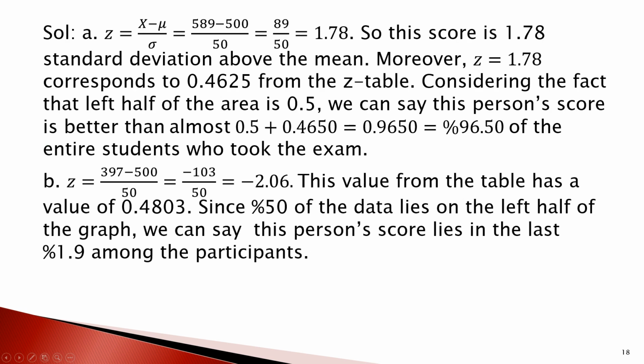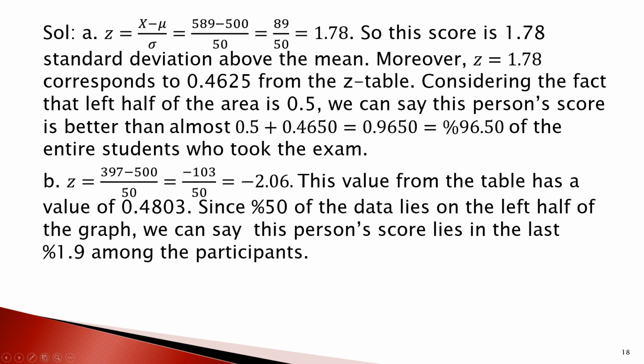Okay, on the other hand, let's look at the other one, which is 397. So the z-score for that guy is going to be minus 2.08. Okay, so from that table, using the symmetry, this value corresponds to 0.48, but please keep in mind this is minus. So in this case, 50% is on the right, this person is on the left.